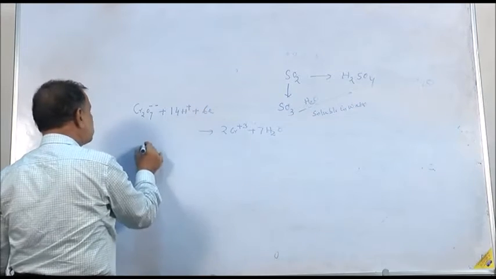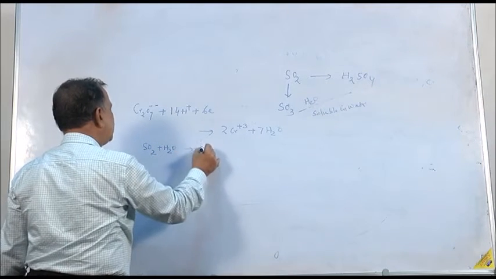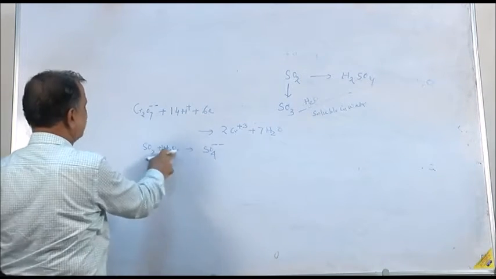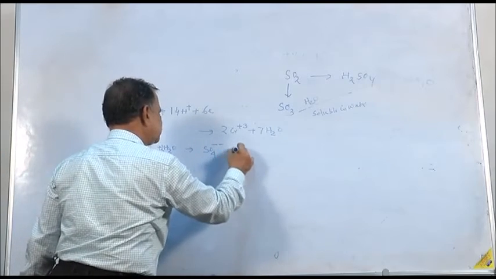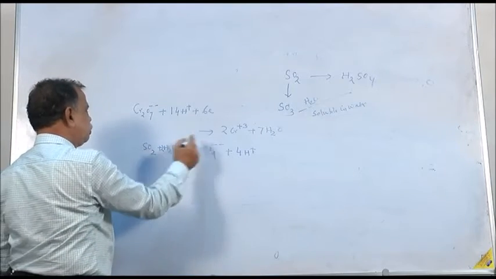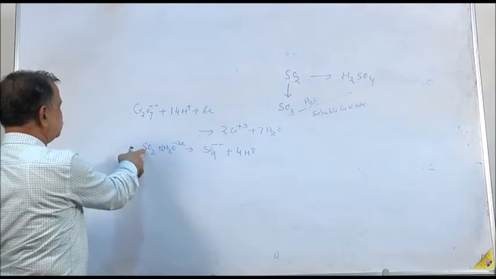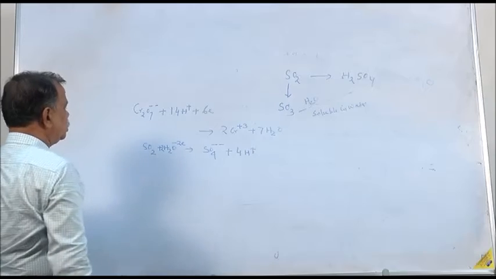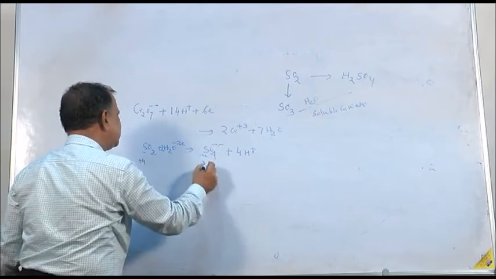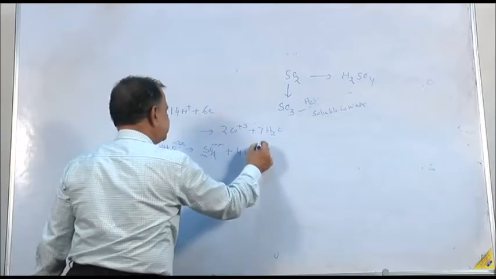Now SO2 plus H2O forms SO4 2- plus 4H+. Here sulfur in SO2 is plus 4, here sulfur is plus 6, therefore it will lose 2e. Then minus 2e here, 6e there, multiply this by 3.